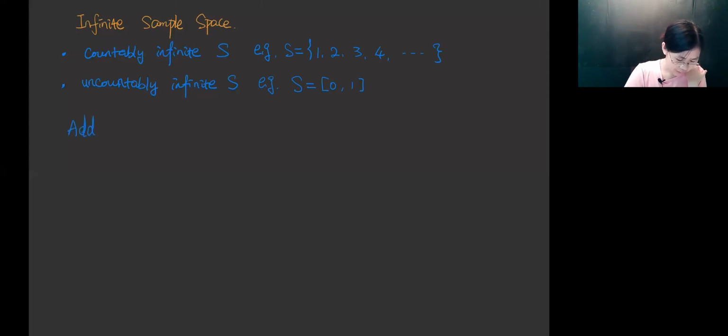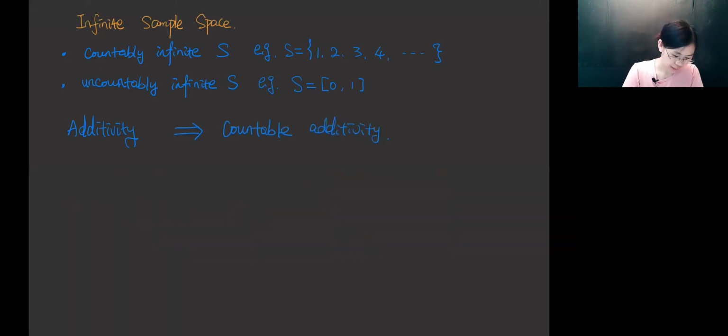To define a probability measure, we do not need to modify the first two axioms of probability, but we do need to modify the additivity axiom. The additivity axiom needs to be modified into countable additivity.